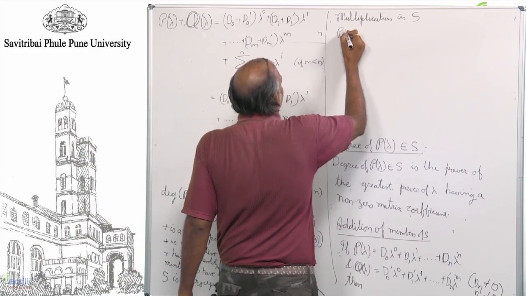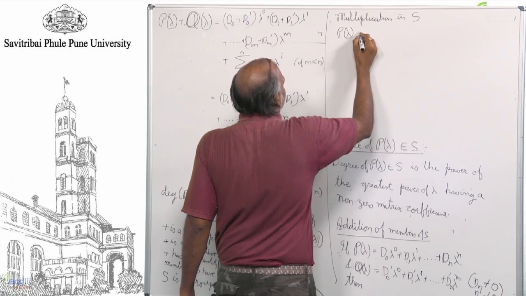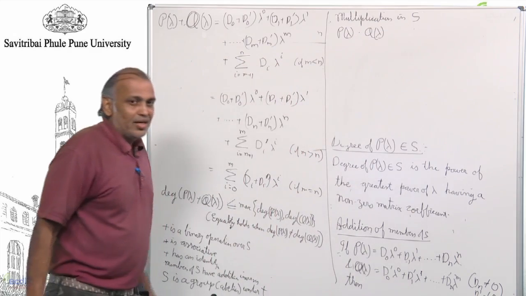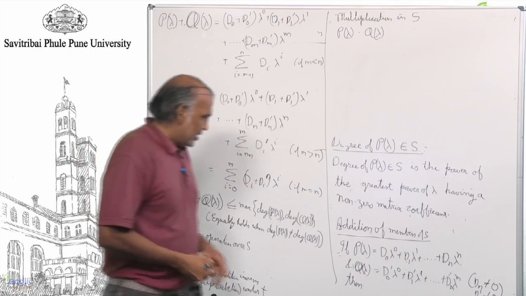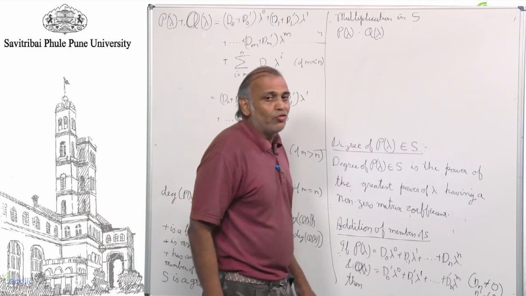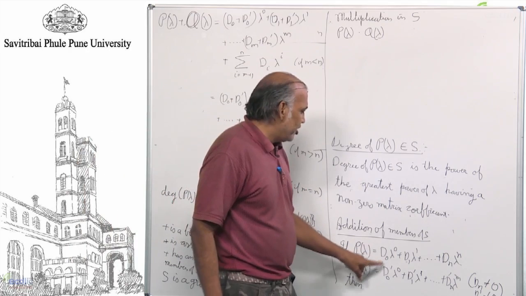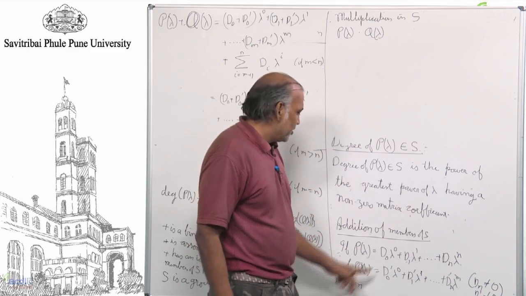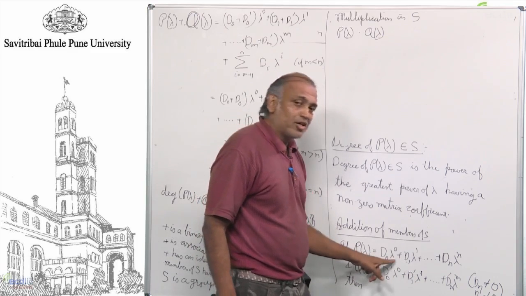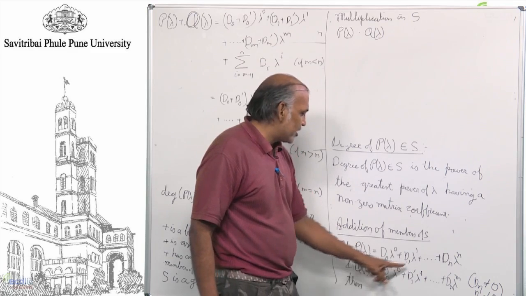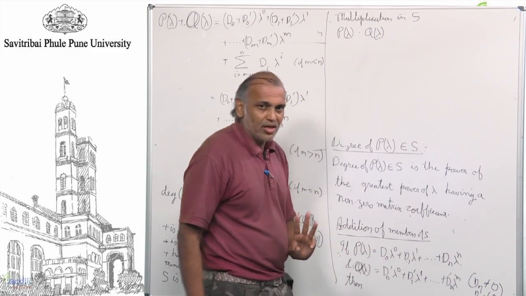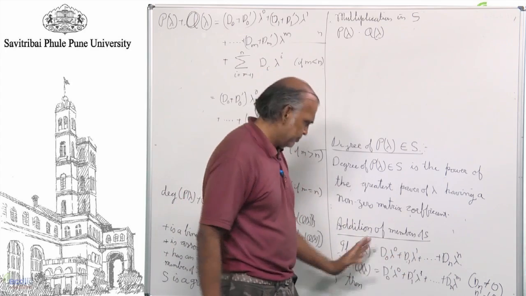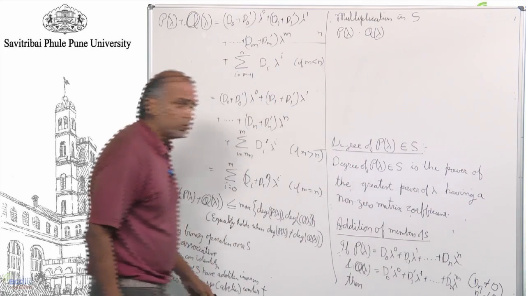What is p of lambda into q of lambda? How do I define this? You would do something like you do for your usual polynomials. d0 into d0 dash, lambda to the power 0 into lambda to the power 0, that is lambda to the power 0. Then d0 into d1 dash lambda to the power 1 lambda to the power 0 plus d1 into d0 dash lambda to the power 1 into lambda to the power 0. So you have two products of matrices for the coefficient of lambda to the power 1, and so on and so forth. This is what you do.